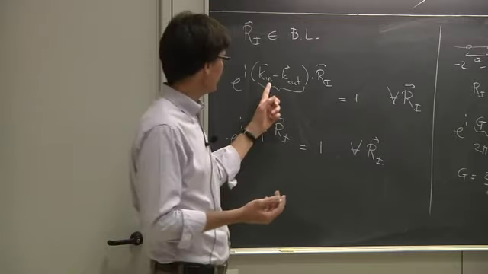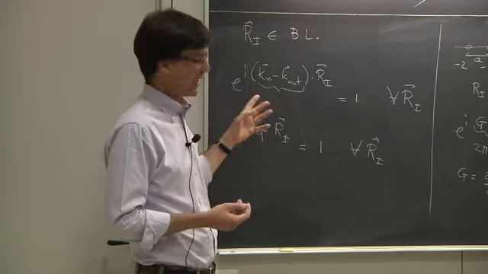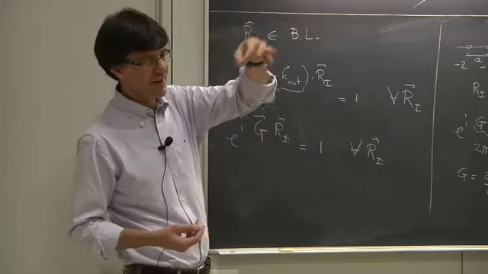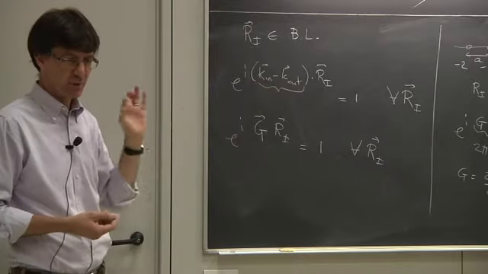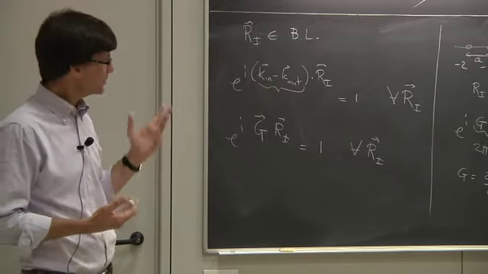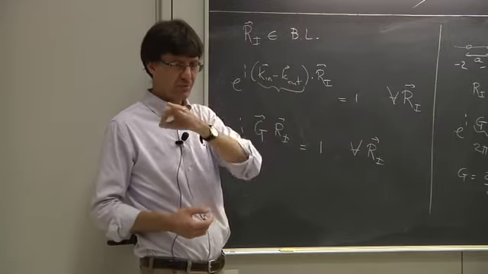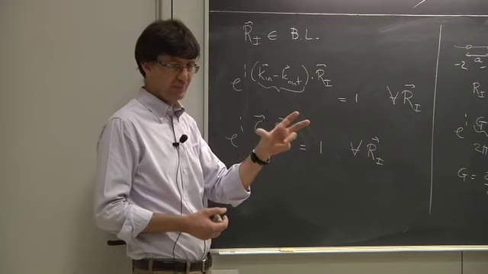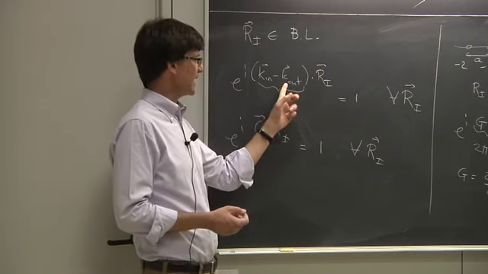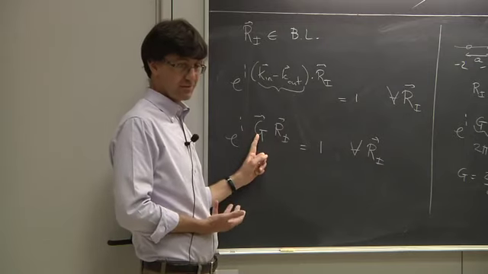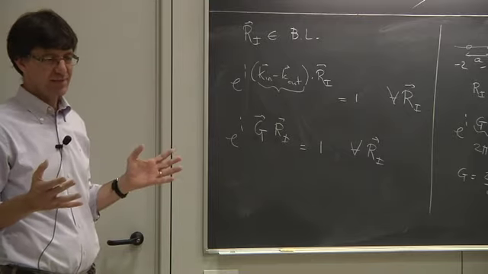So when I play with my K out, I cannot play with K in because that's given. I can play with K out because I can move my detector. I can also play with K in because I can decide to change the wavelength of the radiation in principle. So when I play with K in and K out, either by moving the detector or by changing the wavelength of the light, there will be specific values of K in minus K out, that is, these vectors, for which my signal has a huge intensity.